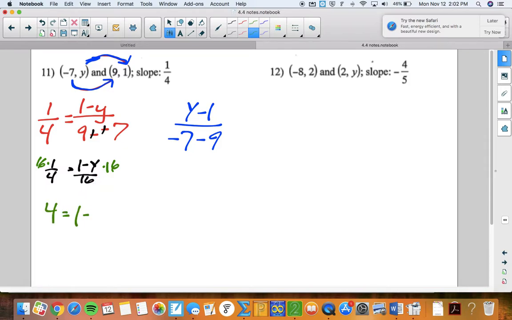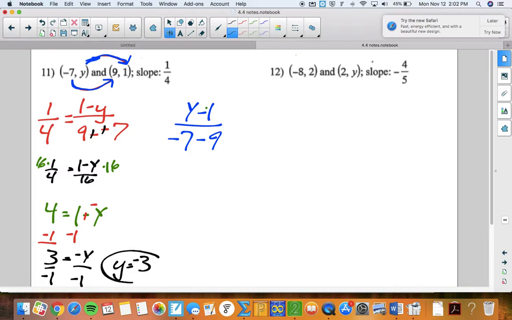On the right side, we have 1 minus y. Again, if you want to do the old chop slash, you could. So you'd subtract 1, you get 3 equals negative y. So then divide by negative 1, you get y equals negative 3.